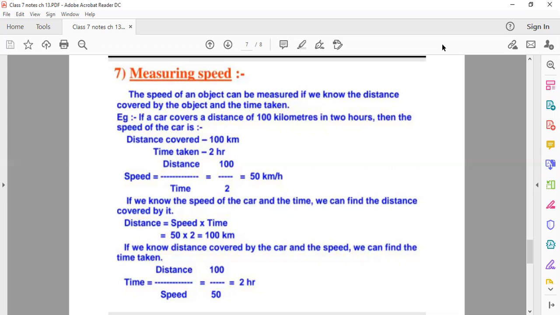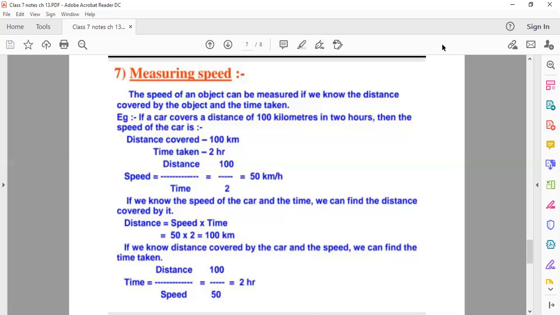Here I would like to take one example. If a car covers a distance of 100 kilometers in 2 hours, then the speed of the car will be? If you read the question carefully, the distance given is 100 kilometers and the time is 2 hours. Now we can find out the speed as we know the formula, distance upon time.